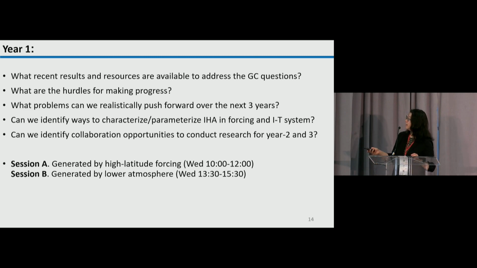And can we identify ways to characterize or parameterize the interhemispheric asymmetry in forcing and the IT system? So we have the interhemispheric asymmetry index, which is basically the difference over the average between the two hemispheres. Well, this is just one way to show the asymmetry, and certainly there are more ways to do that.